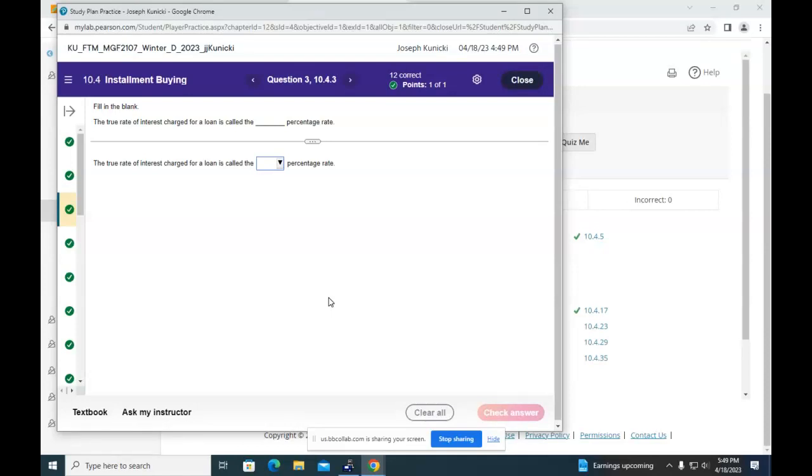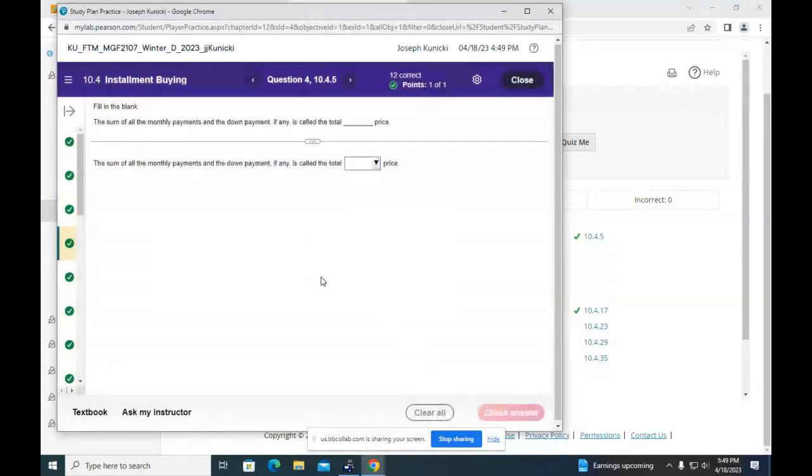There's all different kinds, you know. So I don't like to get involved in those. Anyway, the true rate of interest charged for a loan is called the annual percentage rate, APR. That's the true rate, APR. Everything else is advertising.